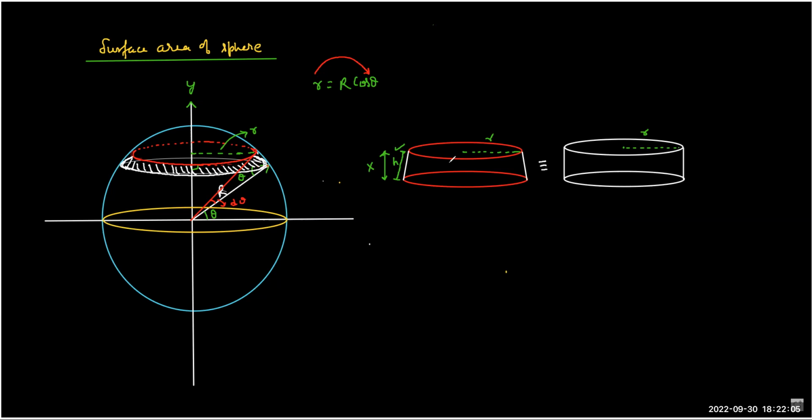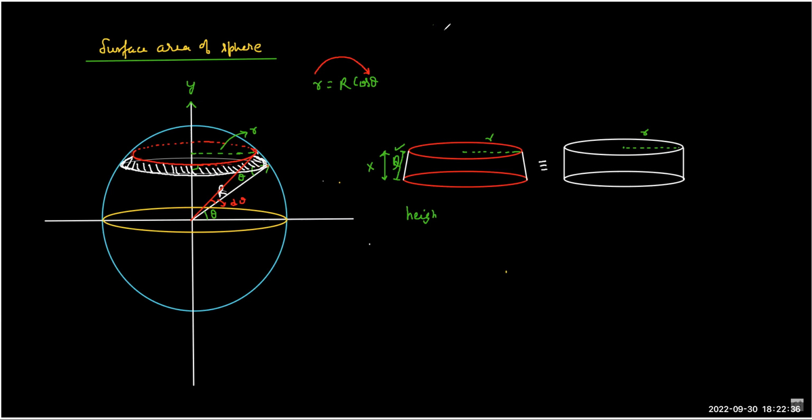While calculating the area, this is the most important part. I'll make it L, which is the slant length. So the height of the cylinder we always take as the height of the elementary cylinder. Okay, let me write down everything once again.